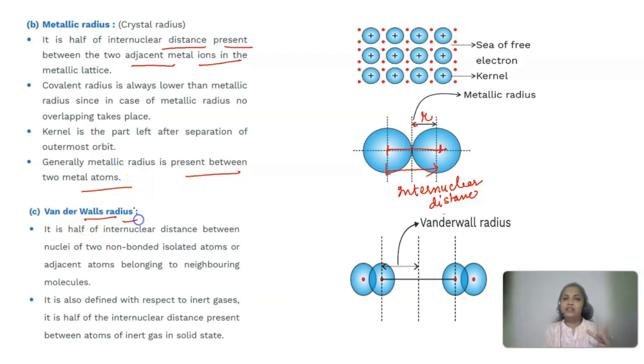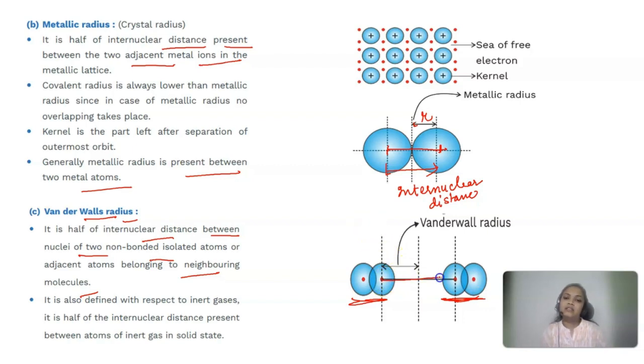Then van der Waals radius is also something you will have to study. So in the case of van der Waals radius, it is actually half of the internuclear distance between nuclei of two non-bonded isolated atoms, okay, or you can say adjacent atoms belonging to neighboring molecules, like this you can see. So these are the two atoms, all right, they are isolated, they are molecules, they are isolated.